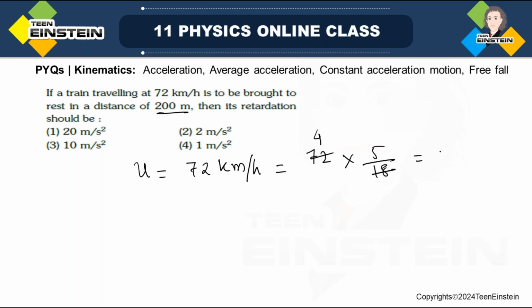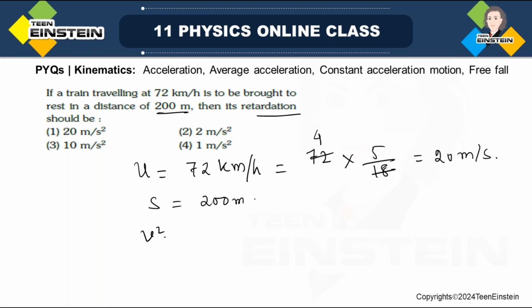So this is 20 meter per second. Okay, 20 meter per second speed. Now it is stopped in 200 meter. So what will be the acceleration, sorry, deceleration or retardation?